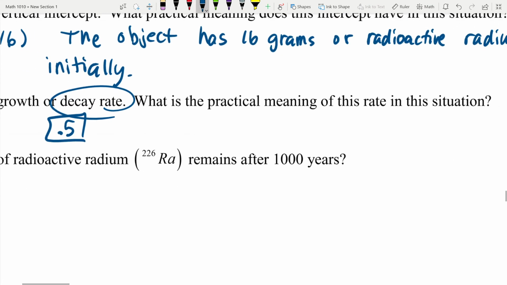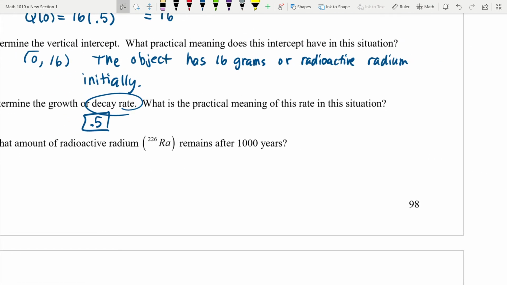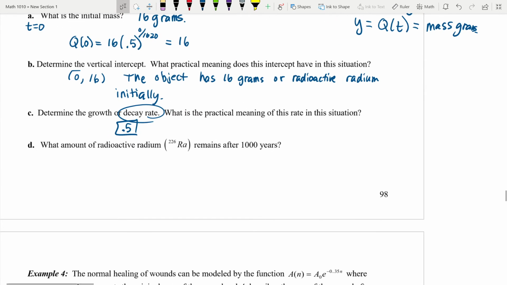What is the practical rate of this situation? The meaning of this rate, okay? So I'm not even going to answer that question because it's too complex, okay? I'll add this.